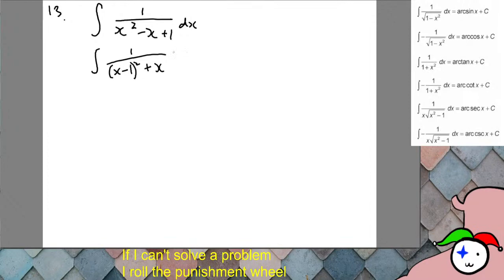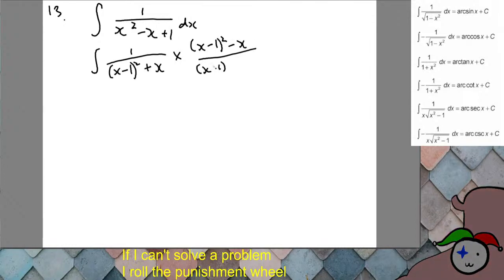Maybe? Is that making it more difficult? What if we multiply this by x minus 1 squared minus x over x minus 1 squared minus x?